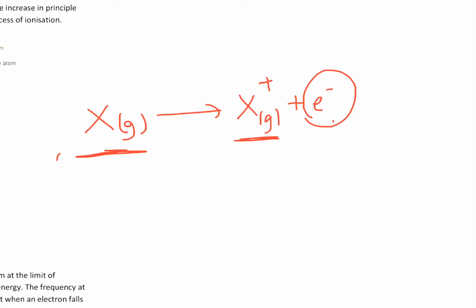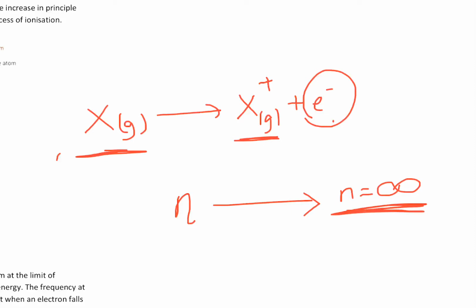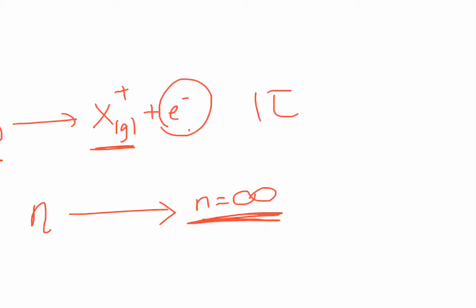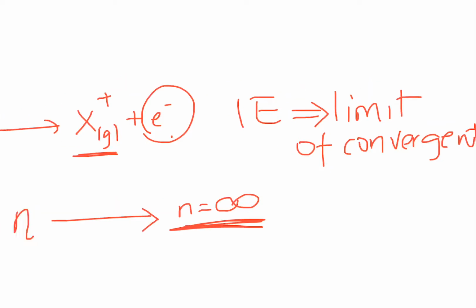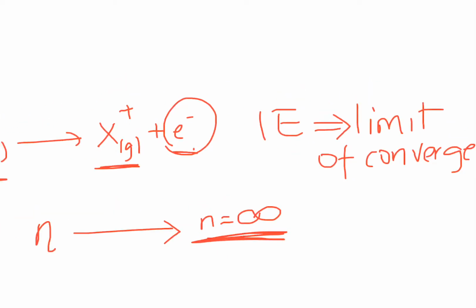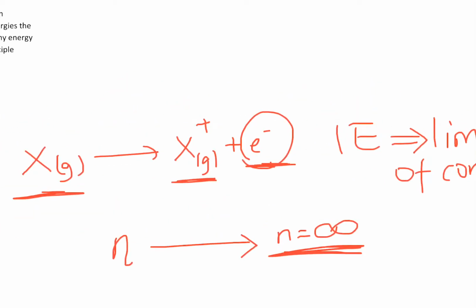So we are ionizing. What is happening here? The electron is moving from an energy level n to n equal to infinity, which means that it's going away. When it's moving from any energy level to n equal to infinity, the first ionization energy corresponds to the limit of convergence, which means that it's the minimum energy required to remove an electron from that atom.